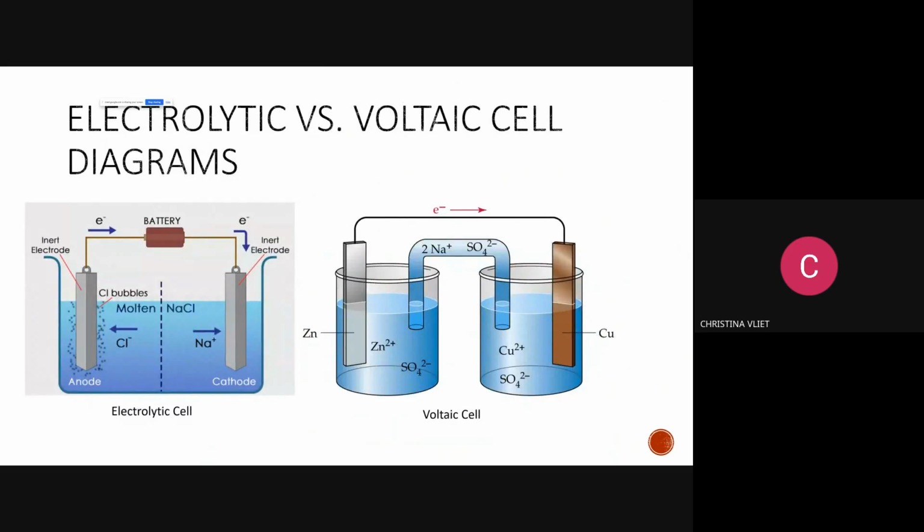So this is the look of an electrolytic cell versus a voltaic cell. So this is for the spontaneous reactions. And this is for the non-spontaneous reactions.